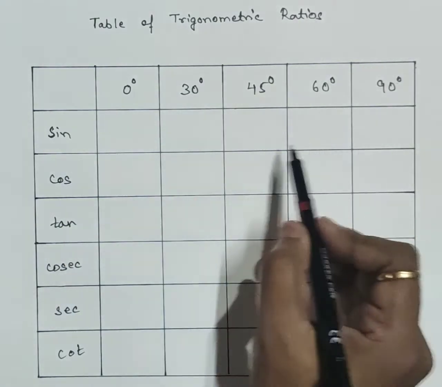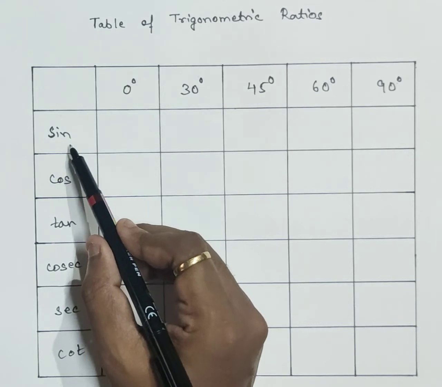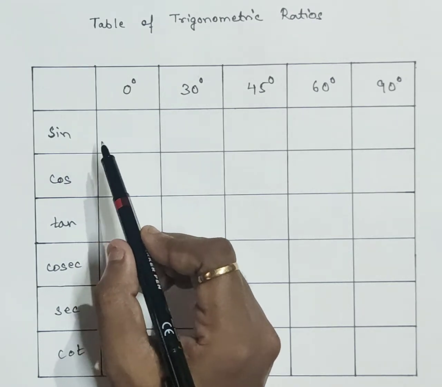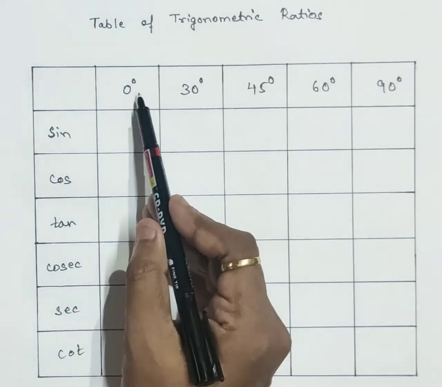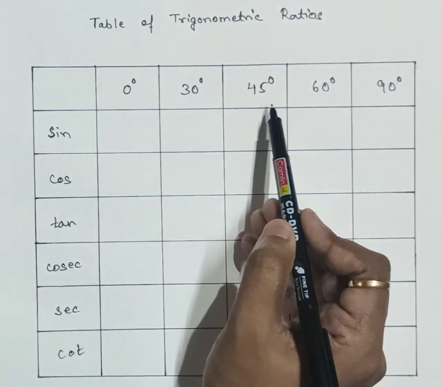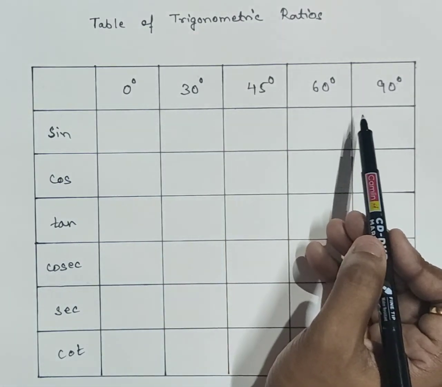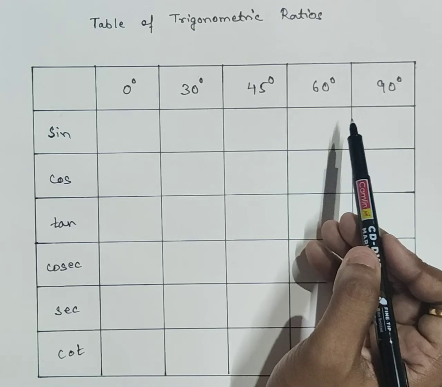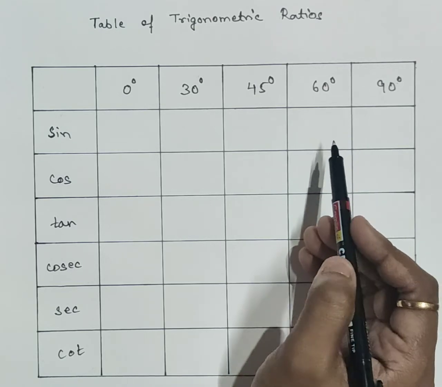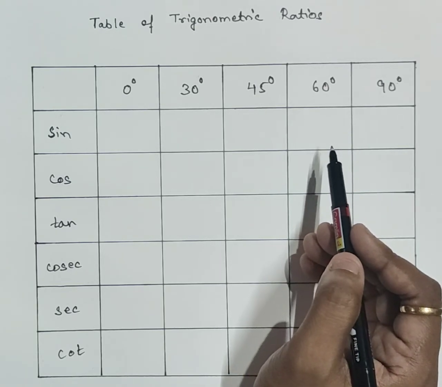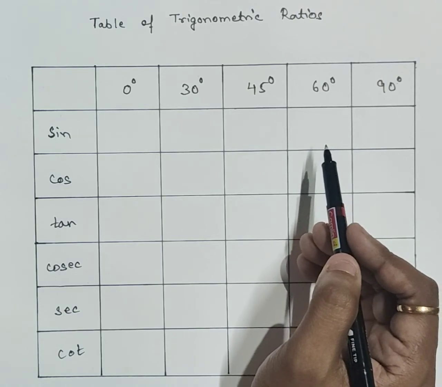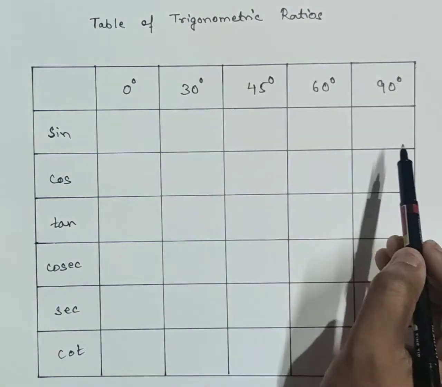Now in this second row, which represents sine, we will find the values of sine 0 degree, sine 30 degree, sine 45 degree, sine 60 degree, sine 90 degree. So to find the value, we have to write the numbers 0 to 4 in ascending order in the different boxes.